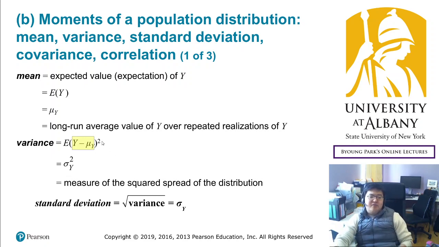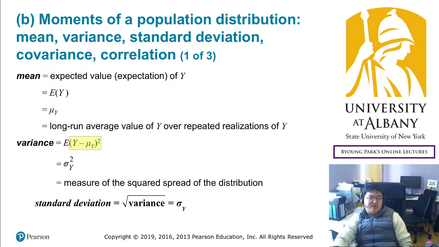Then you may interpret this square as the distance from the mean, because everything is positive, and the further from the mean, the larger this value would be. And expectation is taken on this transformed value, and we denote it as sigma squared.